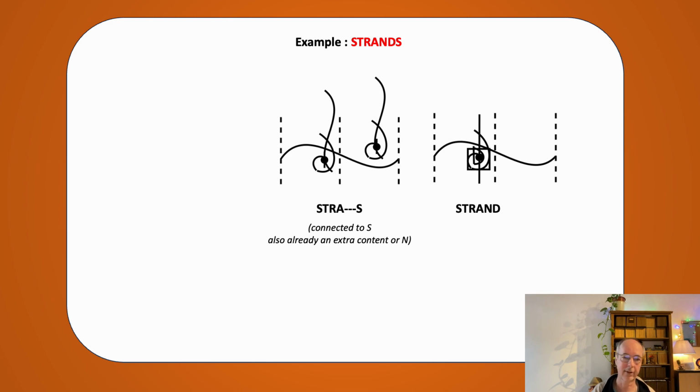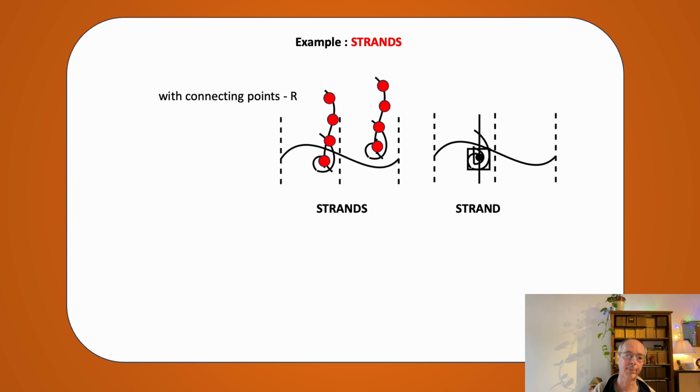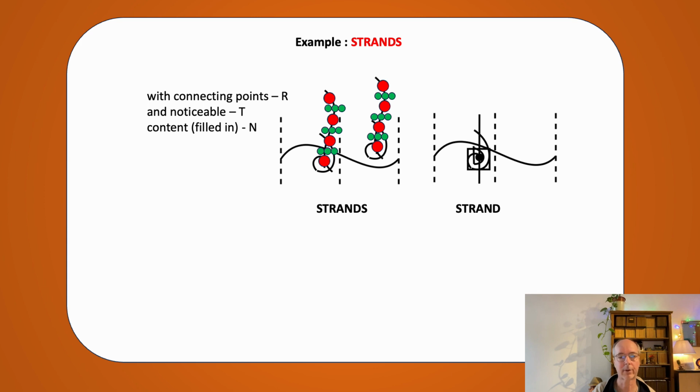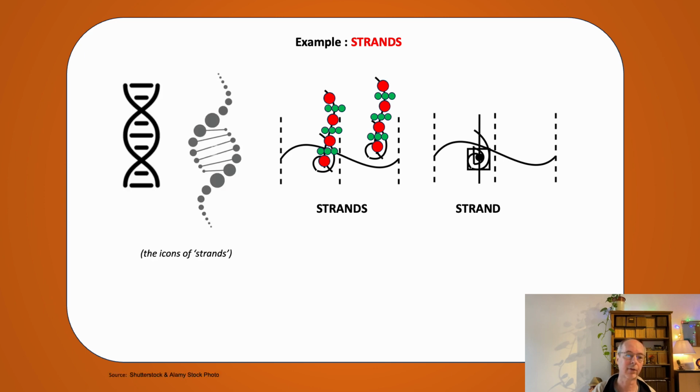And if we fill this content in with what we have or what we need, we have the connecting points, as you can see here, and of course the noticeable content has to be added as well. And if we compare that to the icons that we can find on the internet, yes, of course, we recognize the strands.